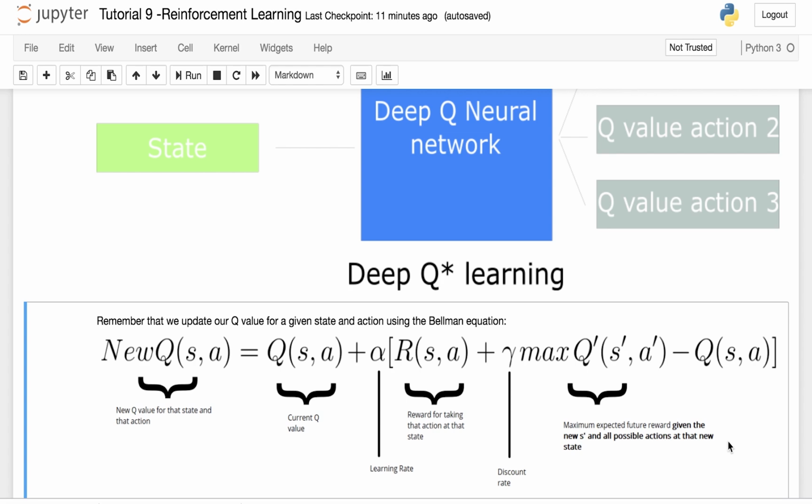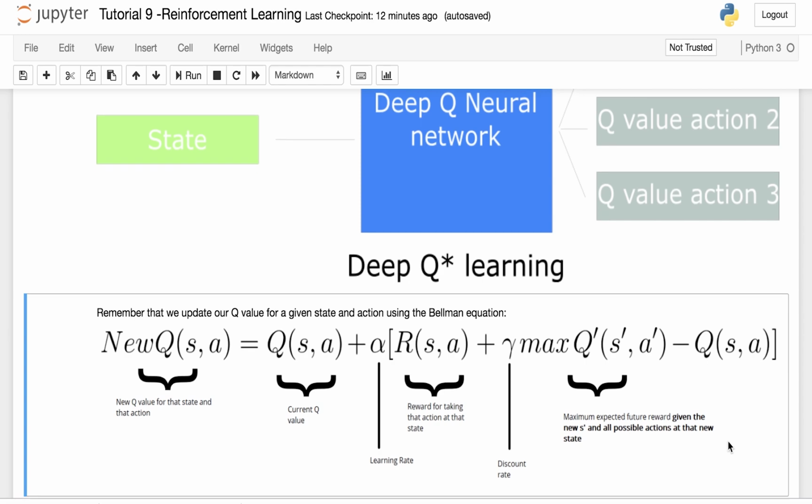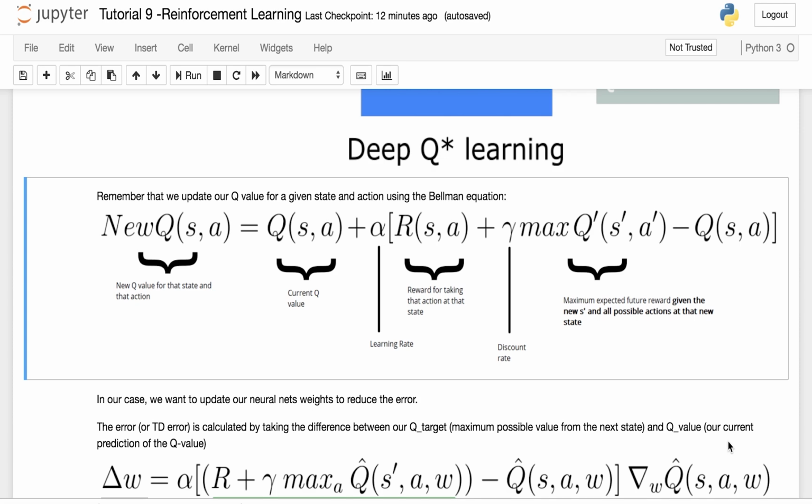It's a simple algorithm that works very well for small scale problems. But in this Q learning algorithm, we calculate each of the steps.